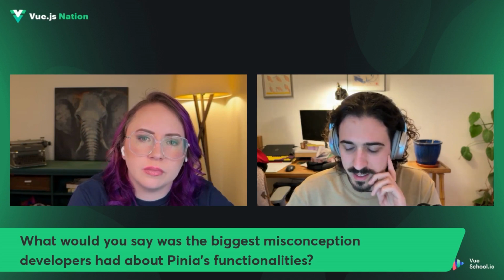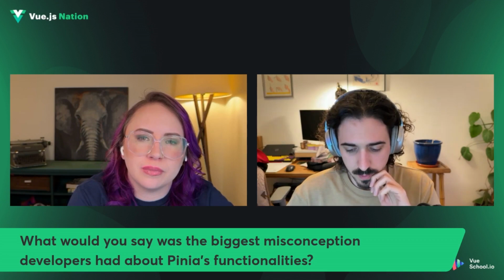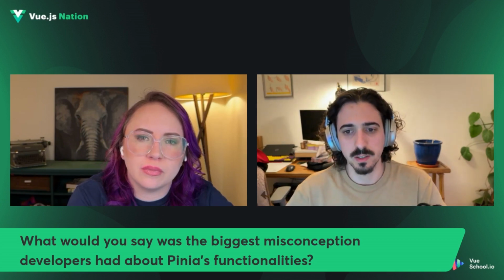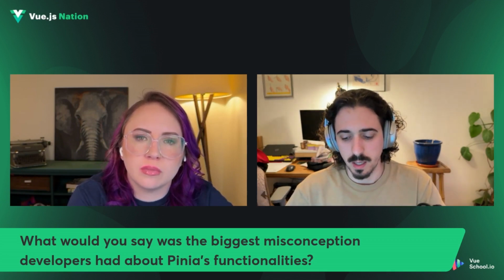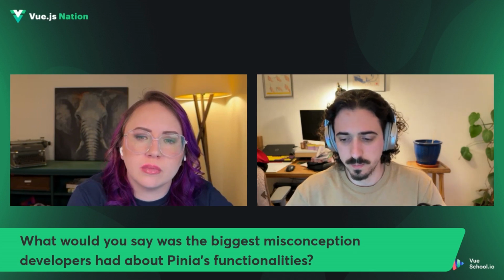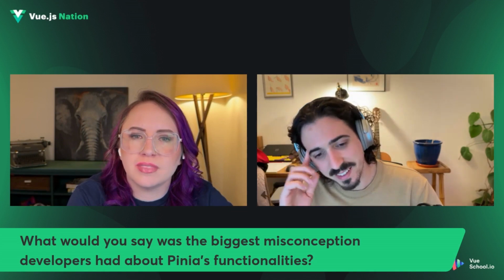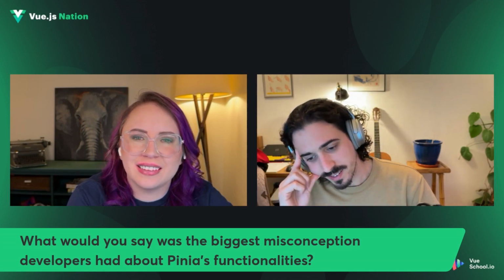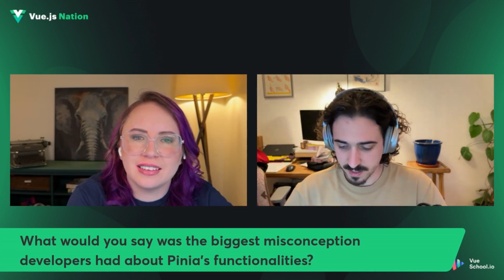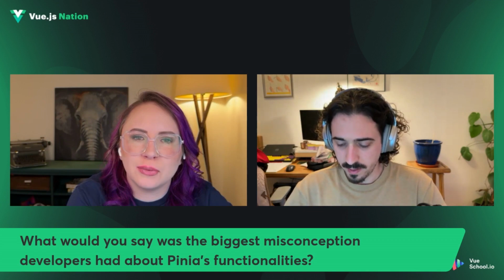It's a bit hard. I think it would be definitely related to the global state section of Pinia and how it connects to Vuex. It's difficult to pinpoint exactly something that is tangible.